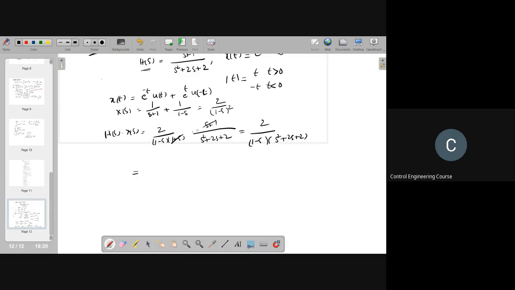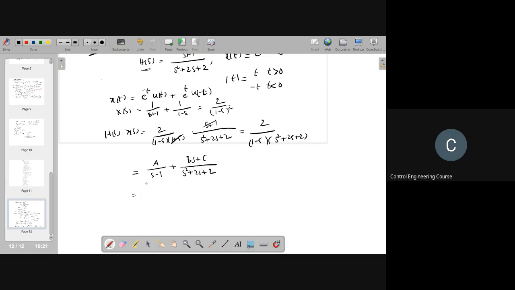Okay, let's go. First, let's divide into partial fractions, then we'll go through that one. I am writing this as A by (s minus 1) plus (bs plus c) by (s square plus 2s plus 2).